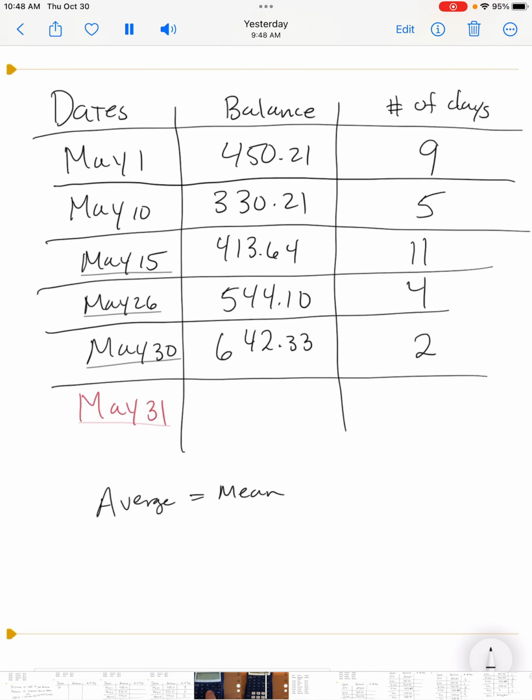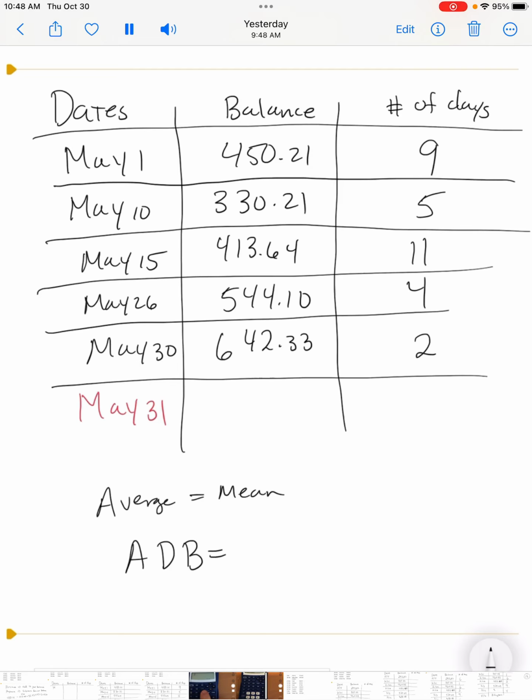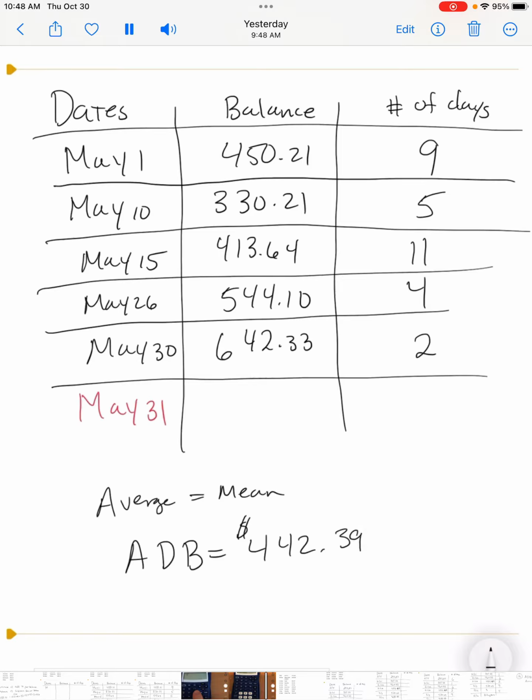I won't do that on the next one just because of the time that it takes, because now you have the process shown to you. But now we finished our average daily balance, and I want to use the abbreviation ADB, just because they use it in a formula, is $442.39.